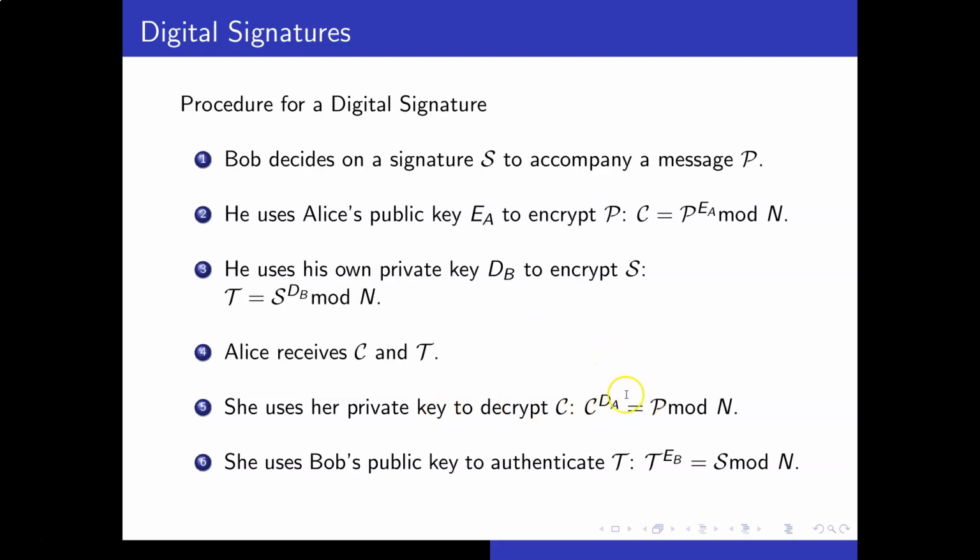She can decrypt using her private key. This is secure, this is private. To authenticate, she takes what Bob sent her and she pulls his public key. She raises that to the public key, which should counteract encrypting it with the private key, and she should get the signature.